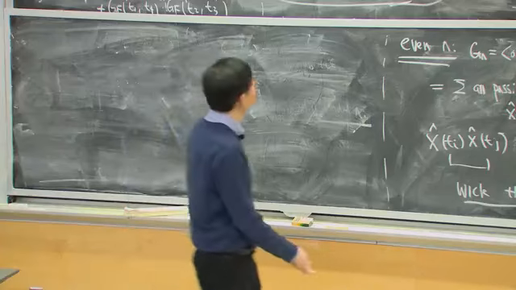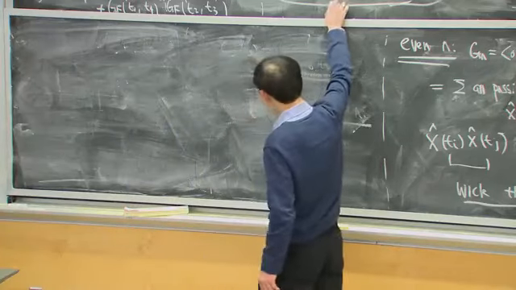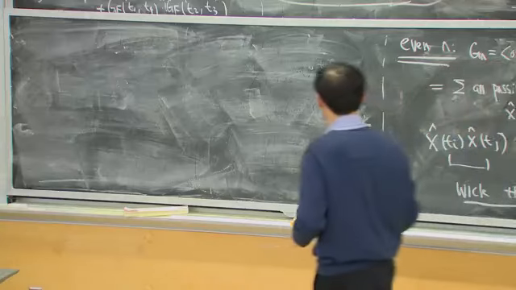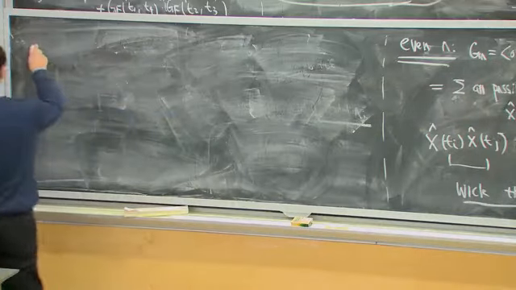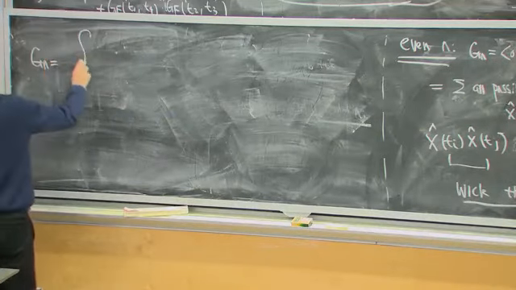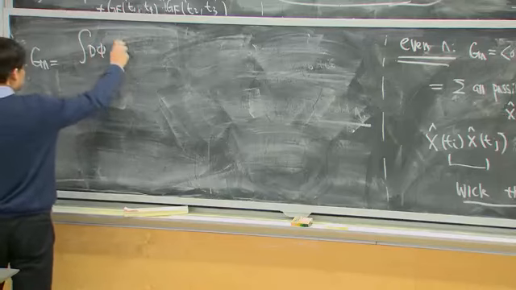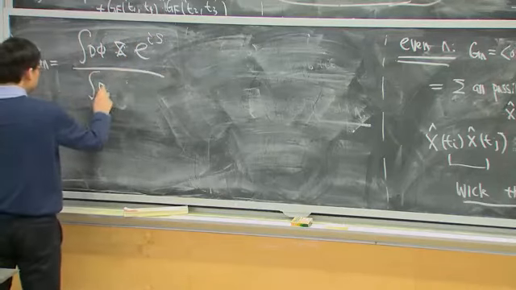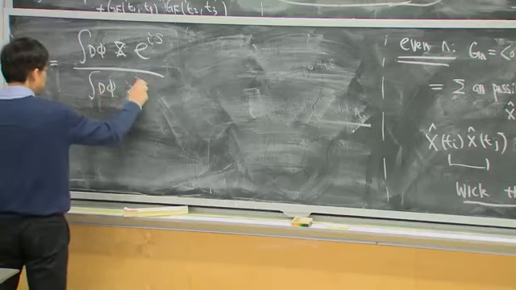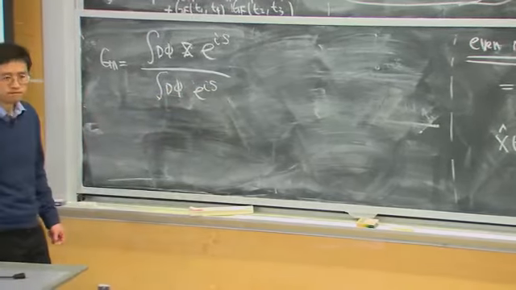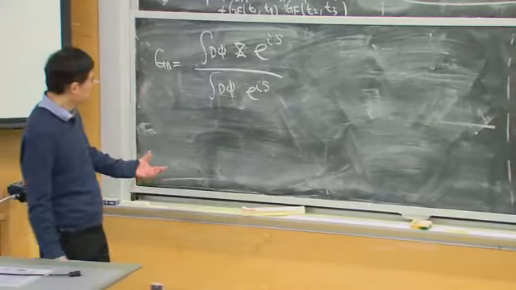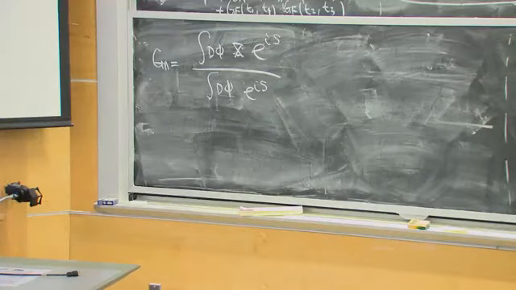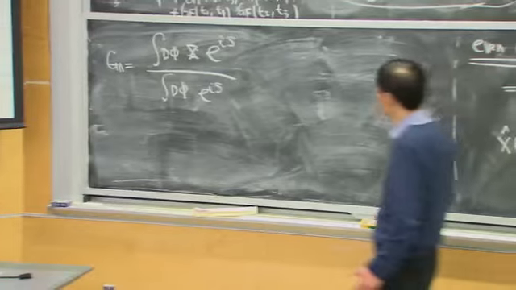Let me just tell you the basic idea, and then we will elaborate next time. Imagine we want to compute this object. Again, we just use that formula: Gn is equal to the integral d phi, phi x's, exponential iS, divided by the integral d phi exponential iS. Now the idea is the following.